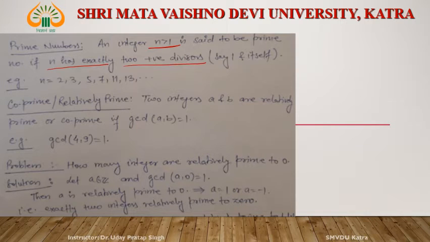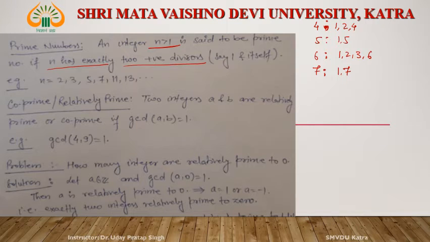For example, 4. How many divisors of 4? That is 1, 2 and 4, right? How many divisors of 5? 1 and 5. How many divisors of 6? 1, 2, 3 and 6. How many divisors of 7? 1 and 7, right?